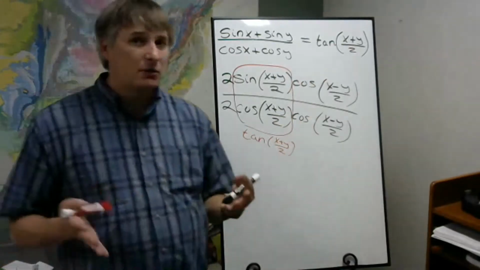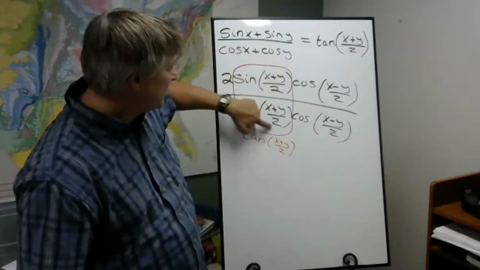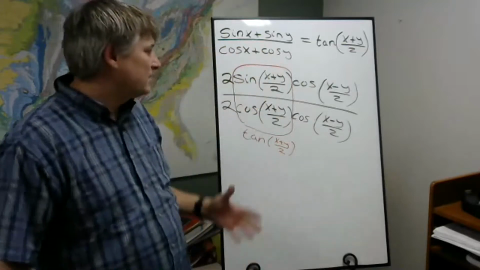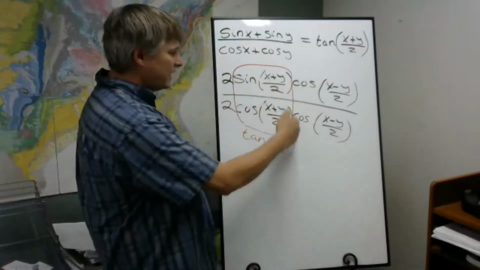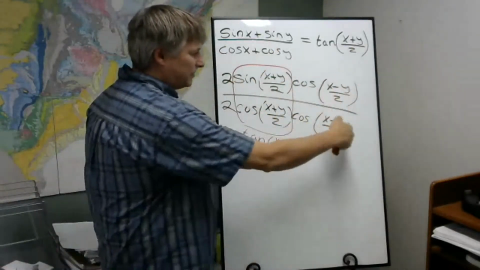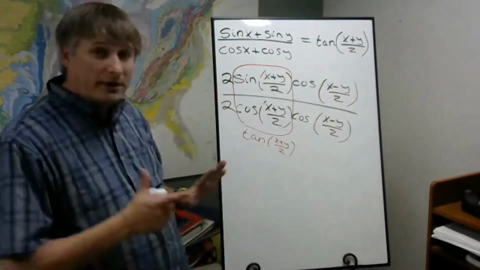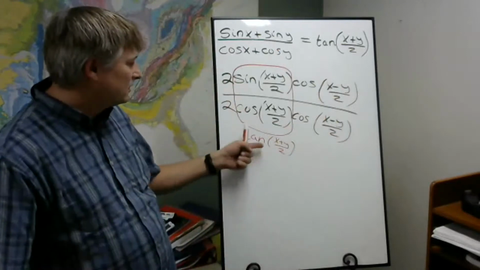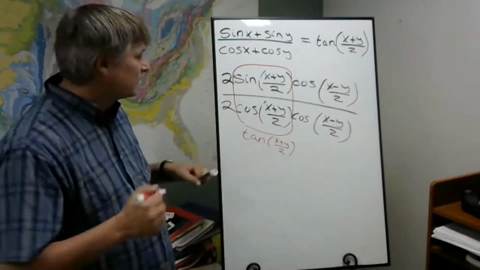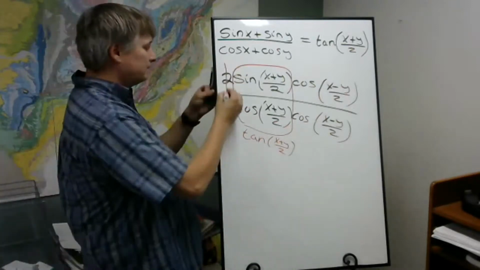Now, it doesn't matter what kind of angles we're dealing with. I mean, this is a complicated angle, and it's the same complicated angle as this. And if you want to make things easier, call this one alpha, call this beta, just to make things a little simpler. But if you're okay with doing things like this, we see this will be a tangent of x plus y over 2. Now, we need the other stuff to cancel out. Sure enough, the 2's go away.